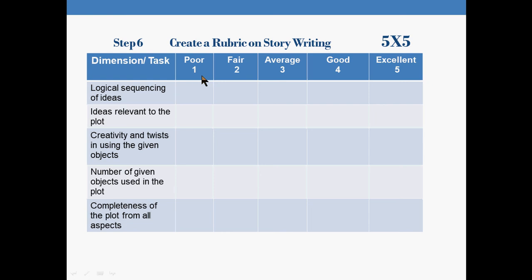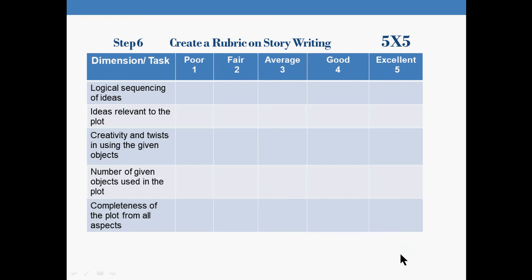It could have 5 levels, the gradations, 5 grades. Each gradation has been given a point value, 1, 2, 3, 4, 5. And the criteria, that is 1 represents poor, 2 represents fair, 3 represents average, 4 represents good, and 5 represents excellent. So we have created a 5 by 5 rubrics, that is 5 rows and 5 columns.